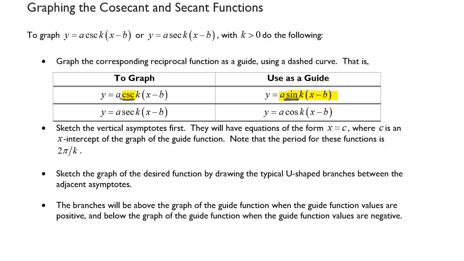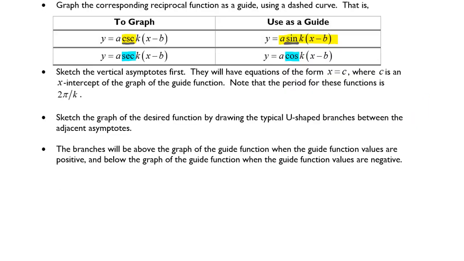So instead of cosecant, we graph sine, with everything else the same. Similarly, with a secant, we graph everything but swap out secant with cosine, and then we'll be able to use that as a guide.